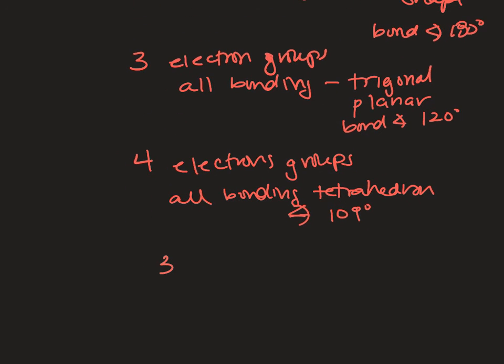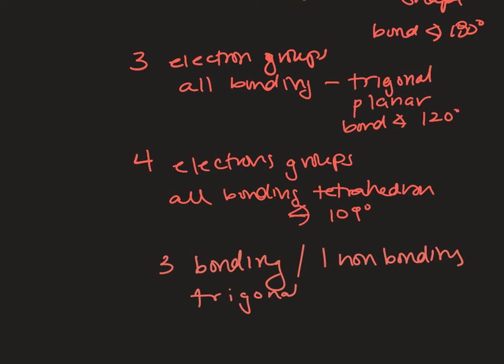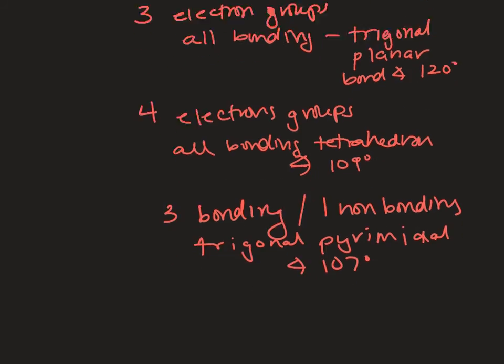If you have three bonding and one non-bonding, you have a trigonal pyramidal, and your bond angle is 107 degrees.